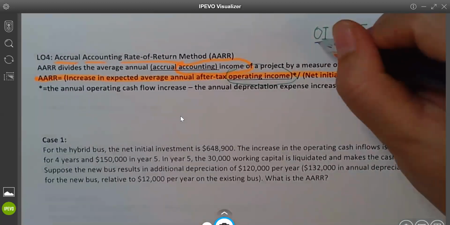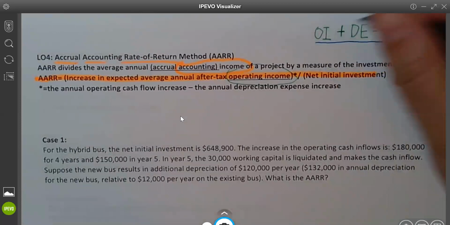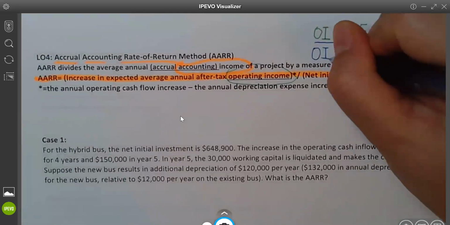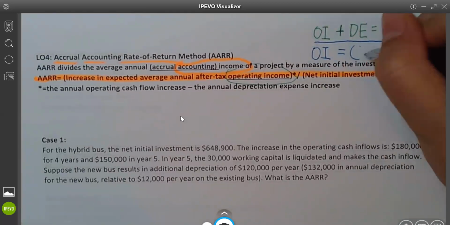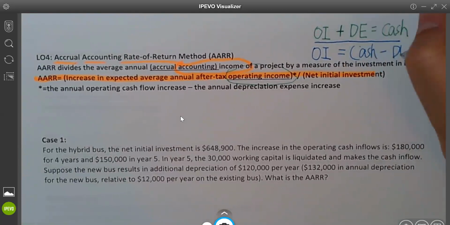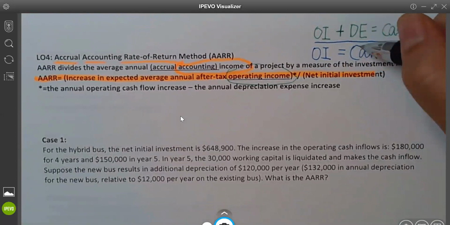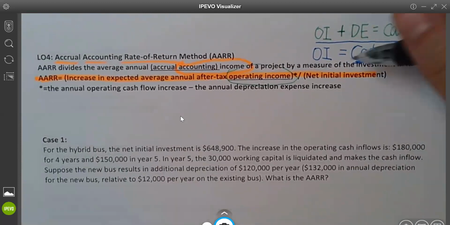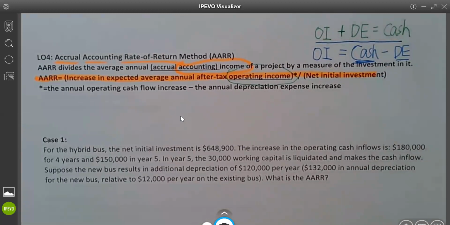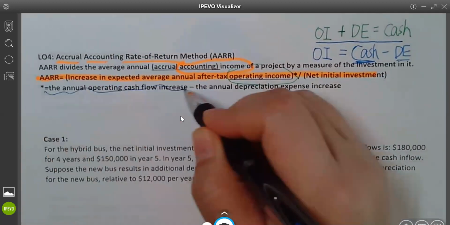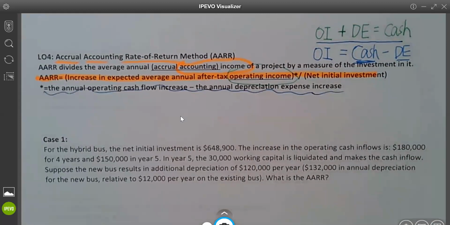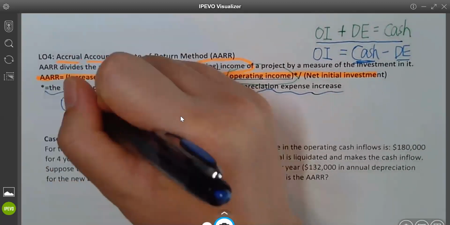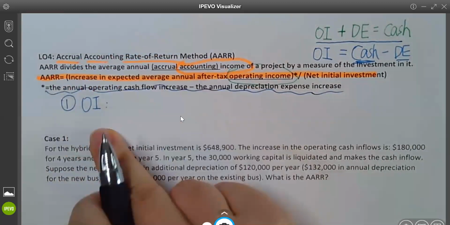So from here, how do we get our operating income? Our operating income will be the cash minus the depreciation expense. So you use the cash item to subtract the depreciation expense to get your operating income. That's how you do the adjustment. Okay, so focus on these things. First is our operating income. How do we get it?